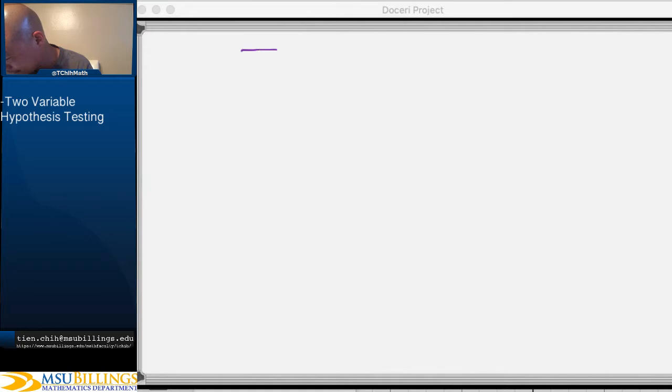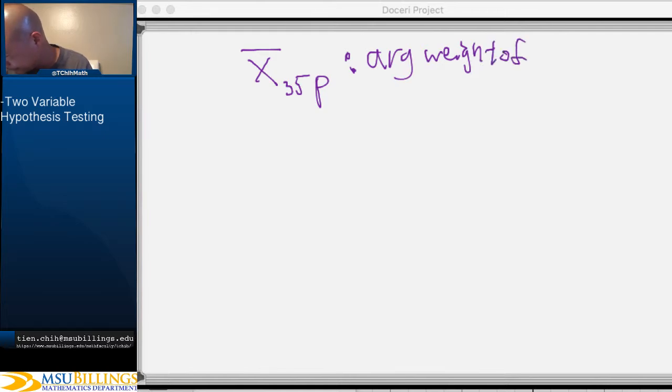Random variable one, let's call this random variable x bar 35p, right? And this is going to be the average weight of, sorry, we weighed 40 purple microelephants. It's normal.